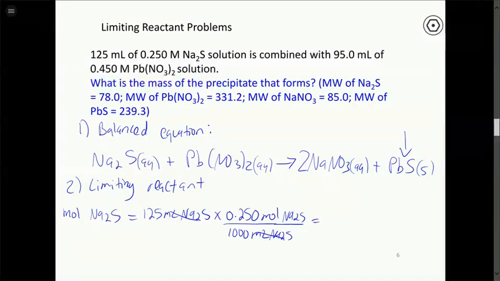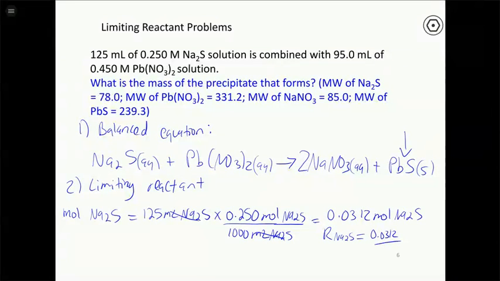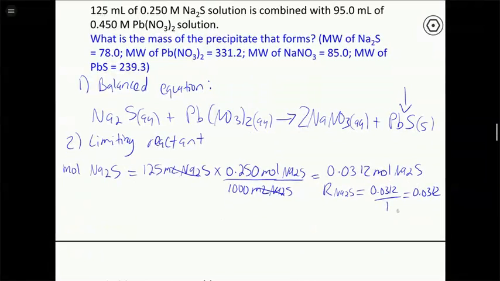And we'll stop here for now because that's going to give us the moles of that reactant, 0.0312. And then the stoichiometric ratio, this R as we defined it, is just that number divided by the coefficient. The coefficient for sodium sulfide is 1, so its stoichiometric ratio is the same number.